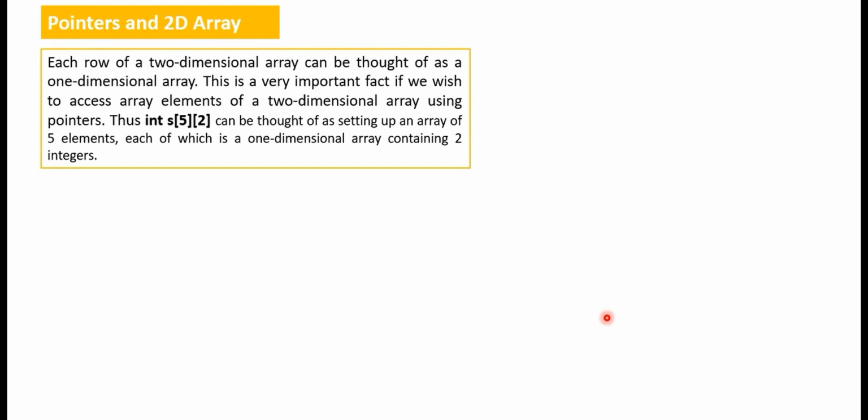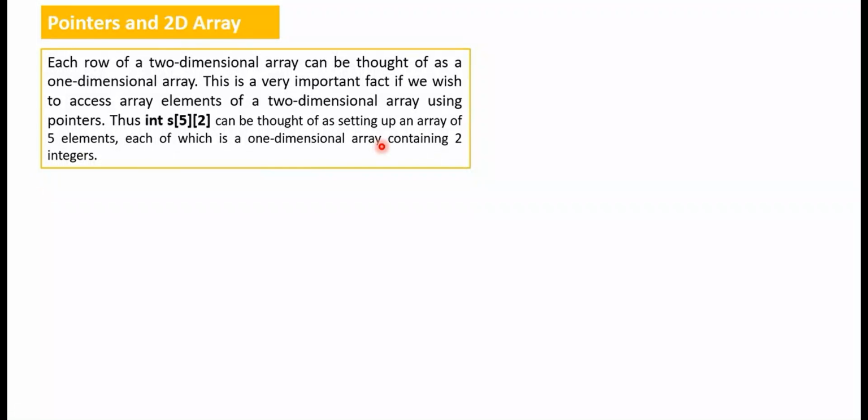Next is pointers and 2D arrays. The way we have discussed pointers in a one-dimensional array, similarly pointers are applicable for a two-dimensional array also. Each row of a two-dimensional array can be thought of as a one-dimensional array. Now this is a very important fact: if we wish to access elements of a 2D array using pointers, then int s[5][2], okay, 5 rows and 2 columns, can be thought of as setting up an array of 5 elements, each of which is a one-dimensional array containing 2 integers.